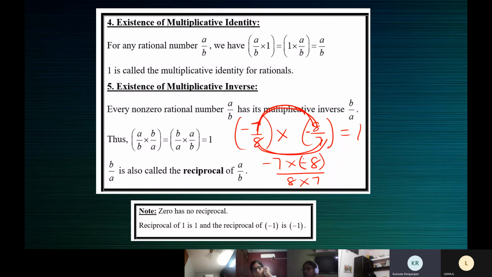Now 7 and 7 cancel, 8 and 8 cancel, and only the minus remains, so minus 1 into minus 1 is plus 1. That means you must write the same sign. Just write the rational number upside down. Turn it, that's all.